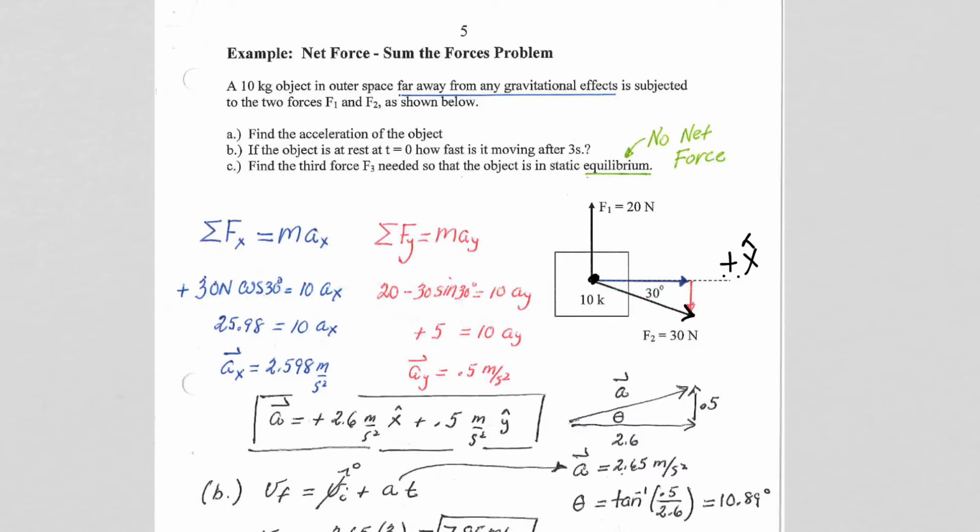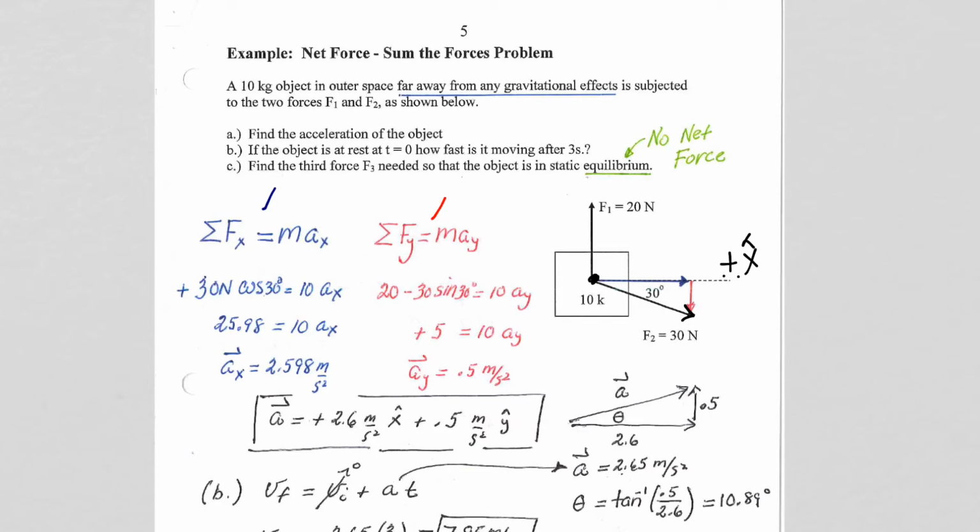Well, just like when we did our two-dimensional motion and we separated our vectors out into x's and y's, forces are vectors. So we are going to separate our x calculation, which I have in blue here, from our y calculation, which is shown in red.